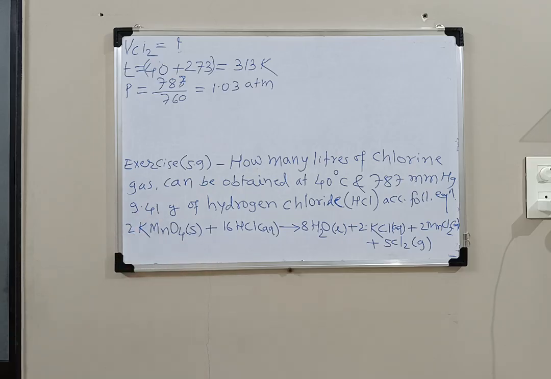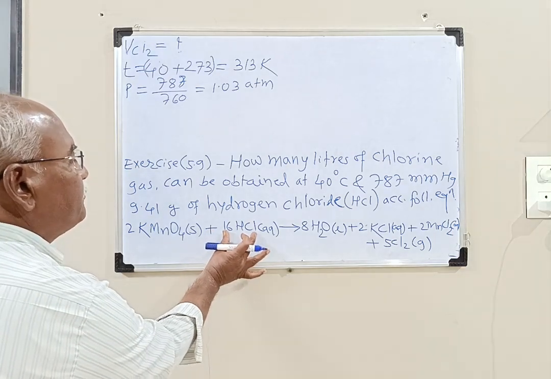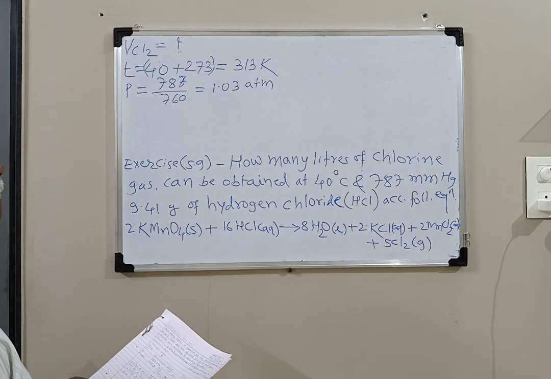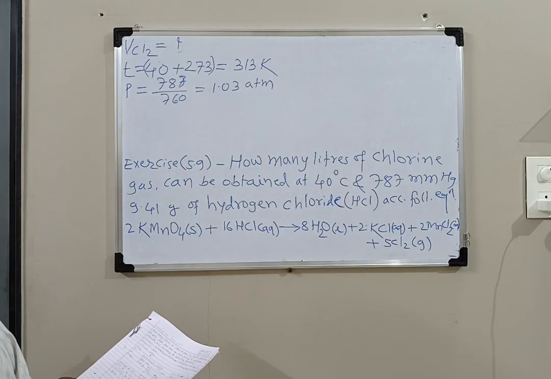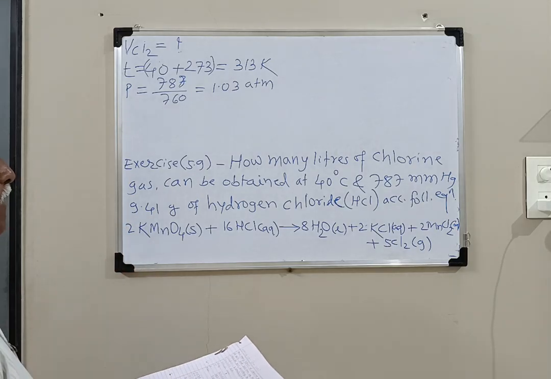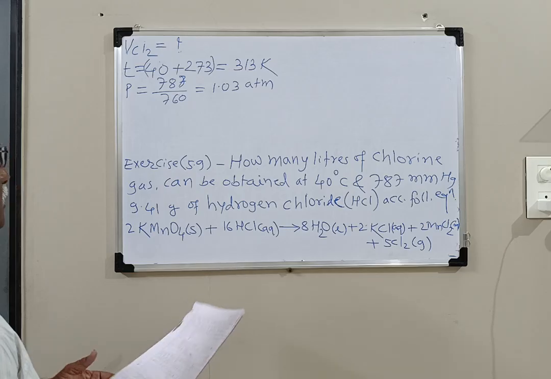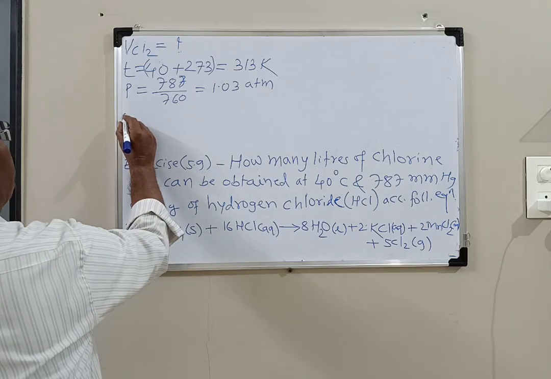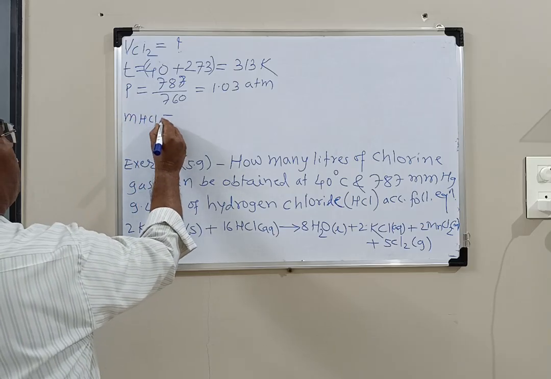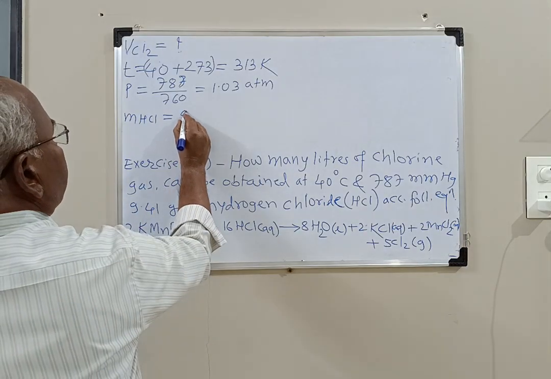9.41 gram of hydrogen chloride. See here, the weight of HCl is given. Mass of HCl is equal to 9.41 gram.